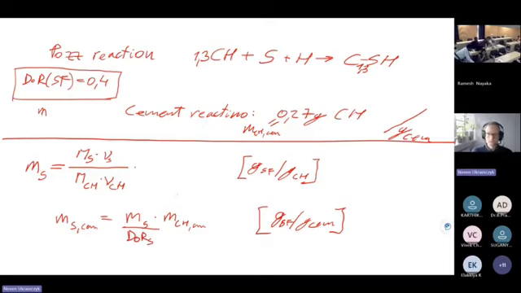Because then we need more silica film, of course. So this looks very simple to calculate, right? And from the thermogravimetry, you can now determine the degree of reaction of silica film.